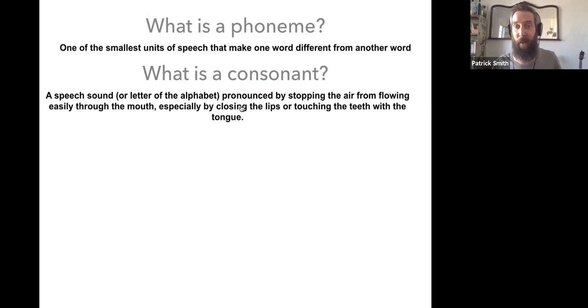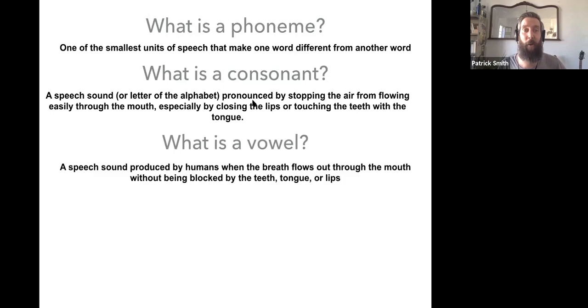Consonants would be things like t, d, p, k, r. These are all consonants, as opposed to vowels, which would be things like o, a, e, this type of thing. This would be a vowel, yeah?